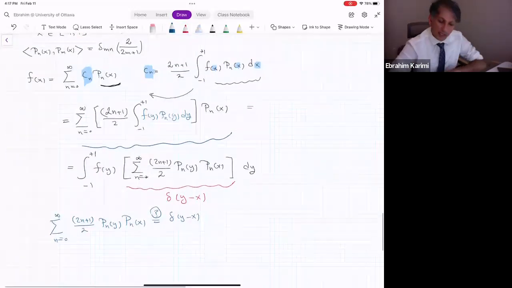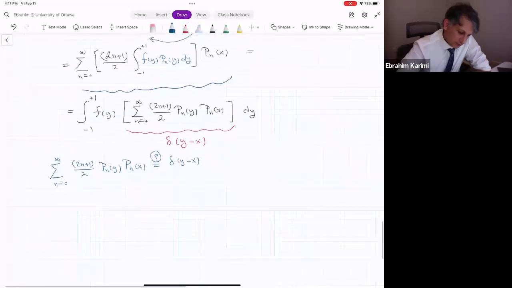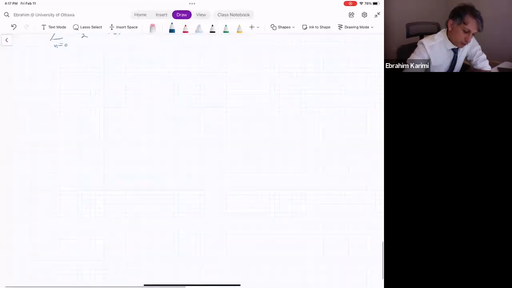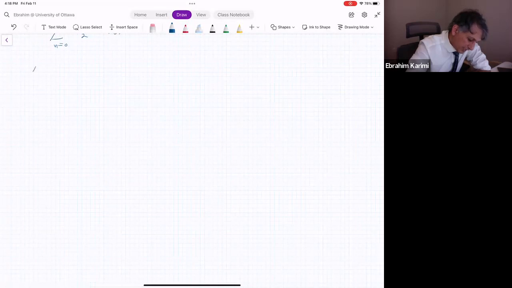Let's go back to the other case that we saw, which was un(x), with the domain x from 0 to a, and the functions that we derived were un equal to 2 divided by a, sine of n pi x divided by a.